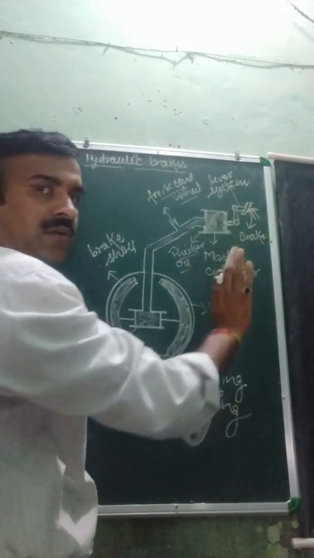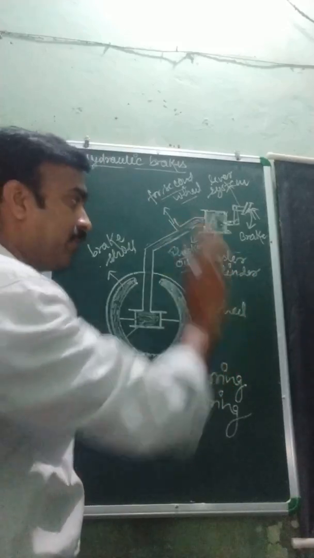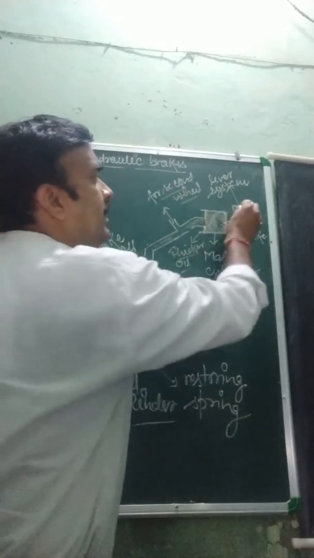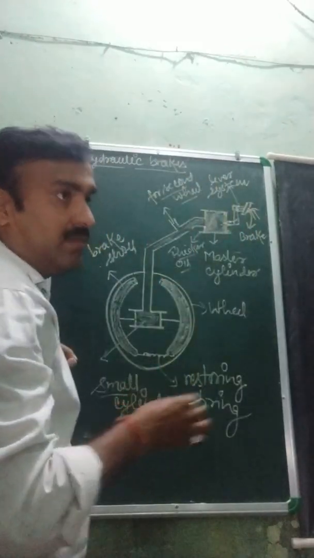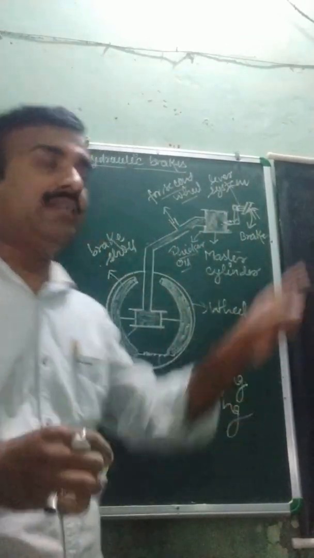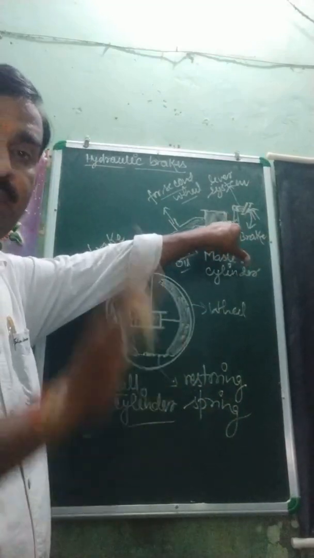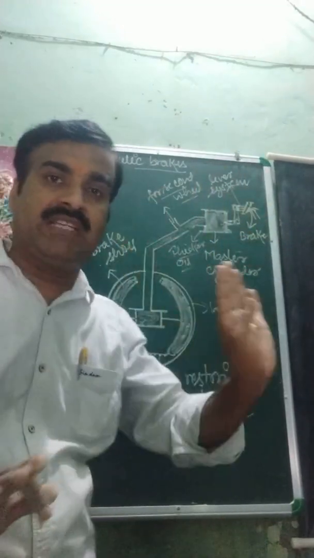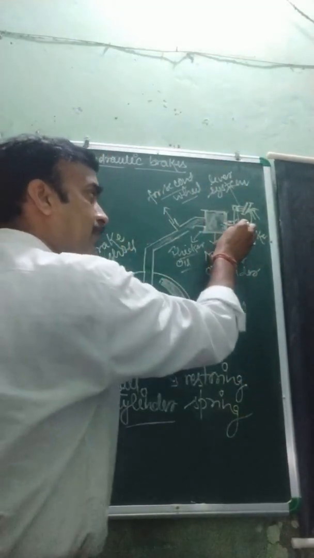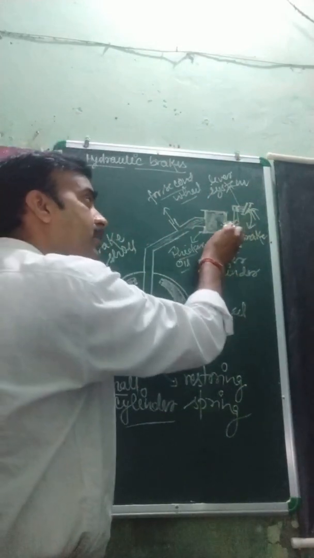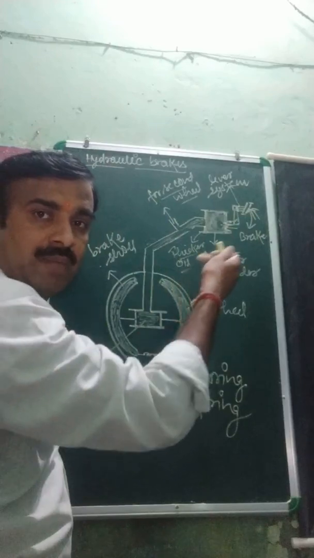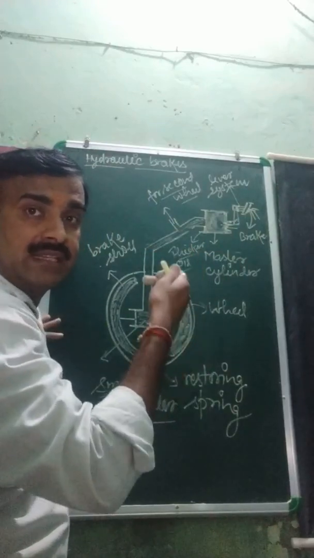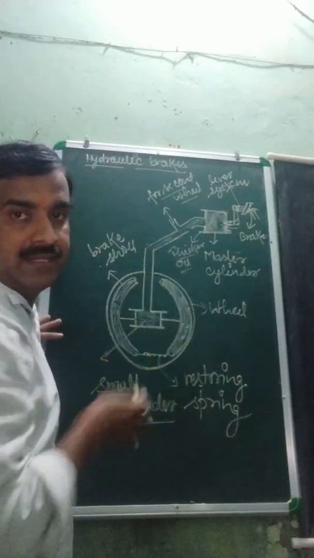Now see it here. Once we apply the pressure onto the brake pedal, immediately it will shift to the lever system, and once it shifts to the lever system, it will also apply the pressure onto the piston, and the piston will apply the pressure onto the master cylinder in which the thicker oil is filled.